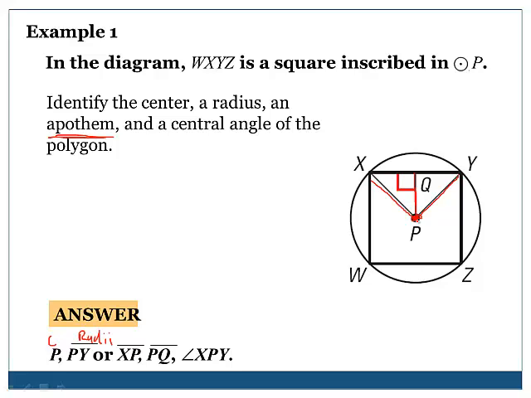So PQ is your apothem. And the central angle, remember, it's two consecutive vertices, radii drawn to those two consecutive vertices, and the central angle would be this angle right here. Remember, naming an angle, you have to use 3 letters, and the vertex has to be in the middle. So you have the vertex in the middle, that creates your central angle.